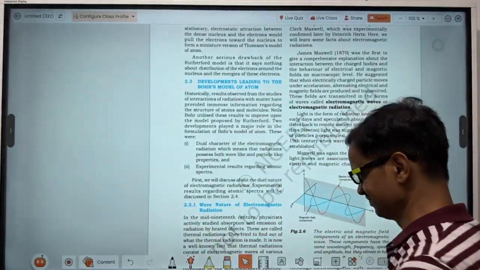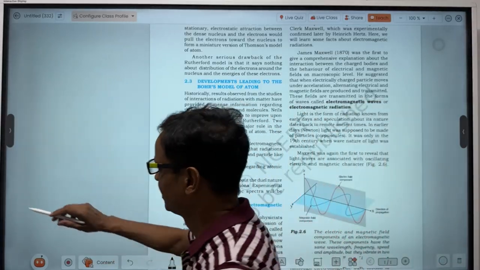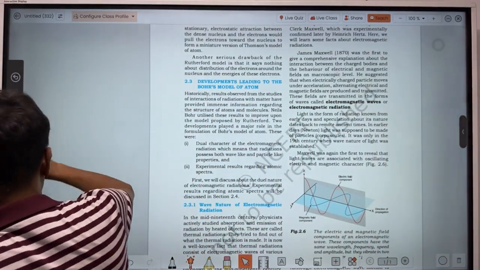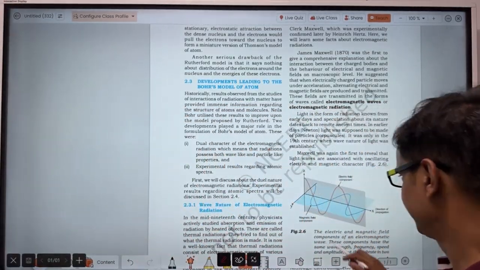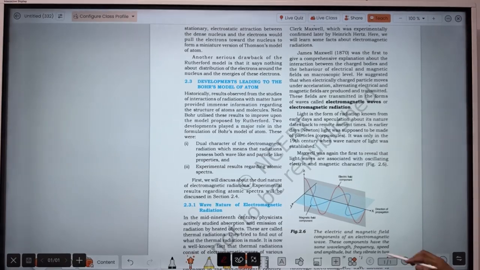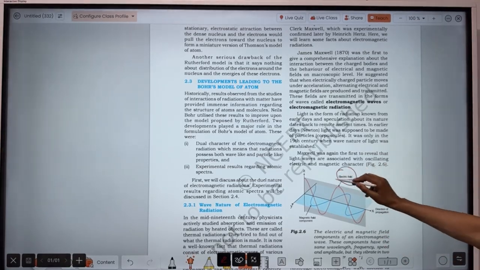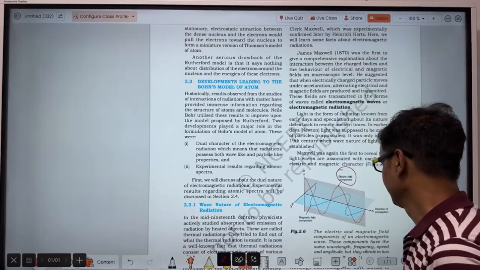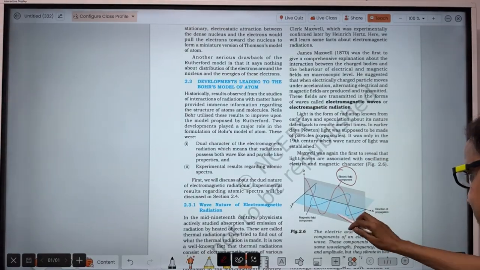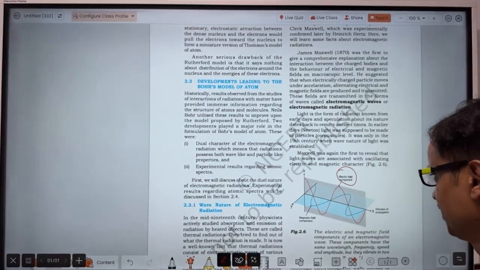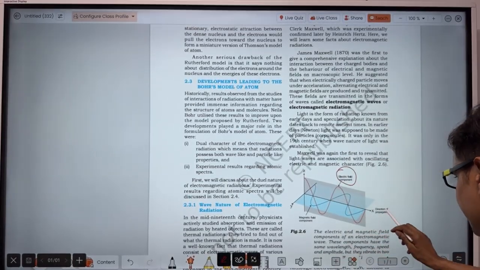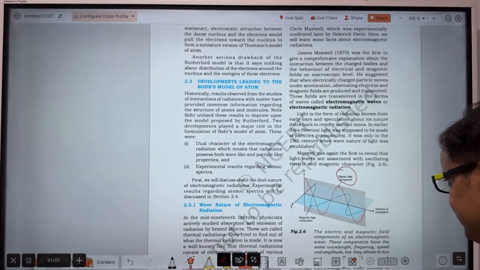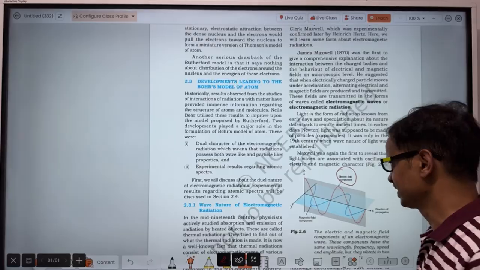Okay, let's see about this one. Here in the figure, maybe you feel difficulty. This line represents the electric field component. This is the x-axis, this is the y-axis, and this is the z-axis, where the magnetic field oscillates.